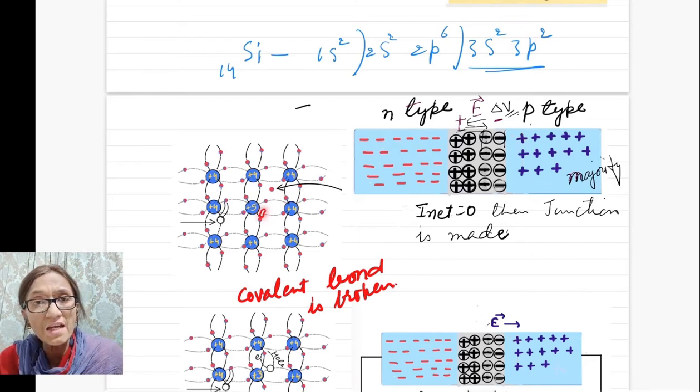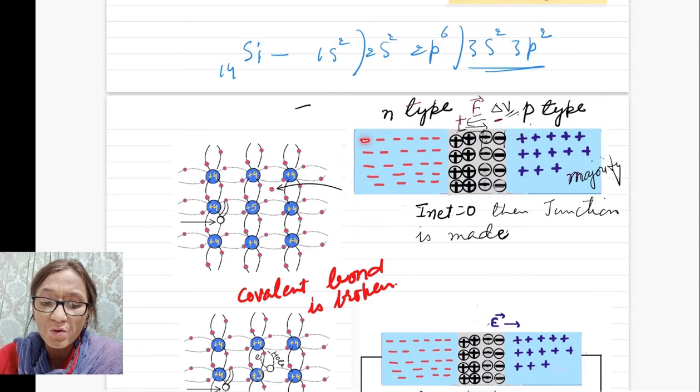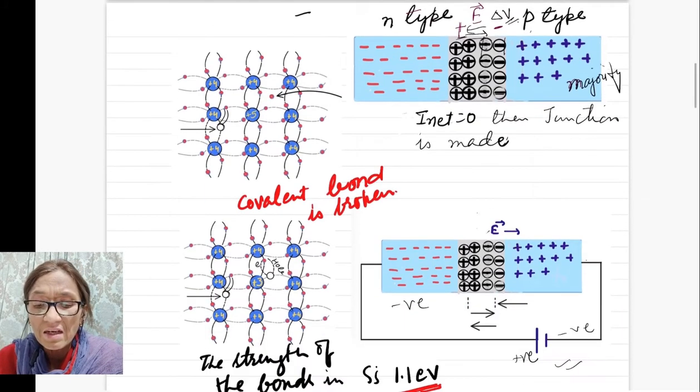From one impurity atom you have one such electron, and there are many impurity atoms, a few parts per million of these impurity atoms per million atoms of the silicon or germanium semiconductor. So you have an increased number of free electrons.